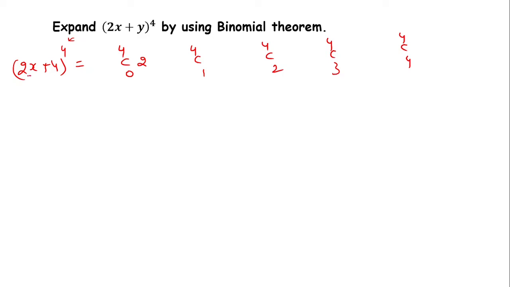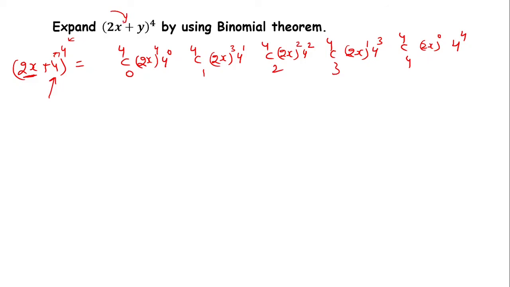First I will write 2x power 4, then we write 2x power 3, then 2x squared, 2x power 1, and then 2x power 0. Then we have 4. Now 4 power 4 from the end, 4 power cube, 4 squared, 4 power 1 and 4 power 0.